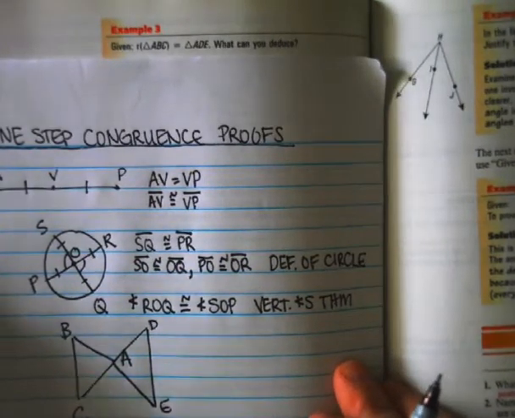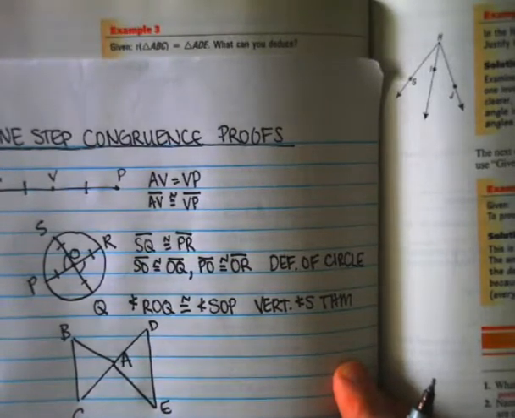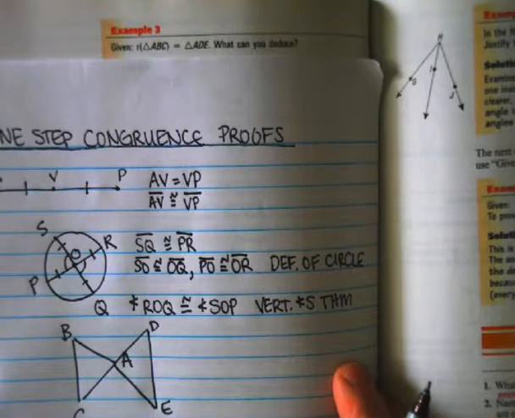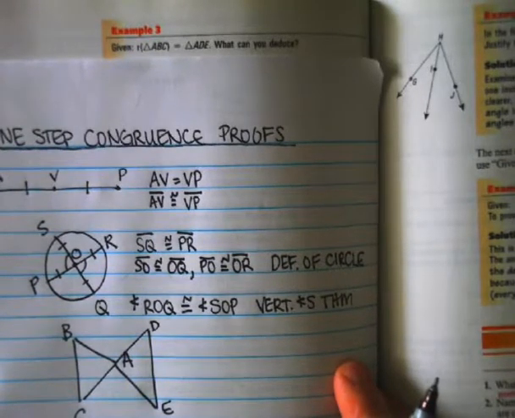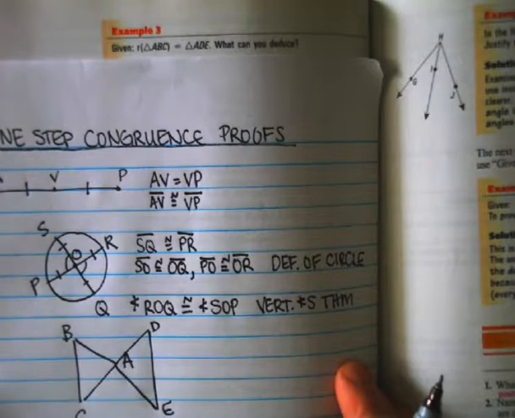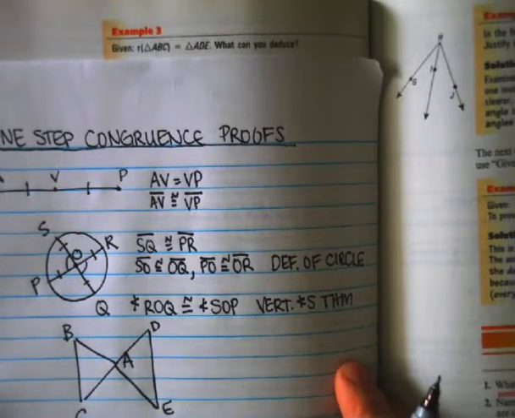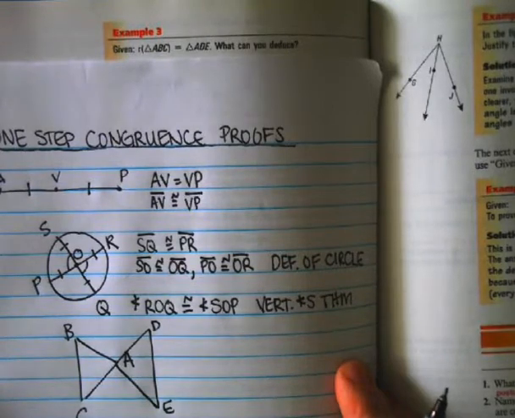What can you deduce? Okay, so think about that. What could you figure out from this? We know it's a reflection, so think about all the things that stay the same. Since it's a reflection, we know that those two triangles are going to be congruent.